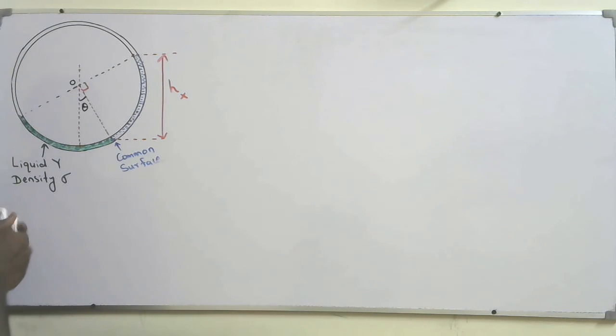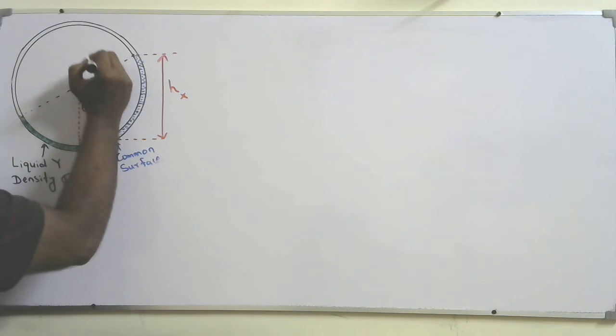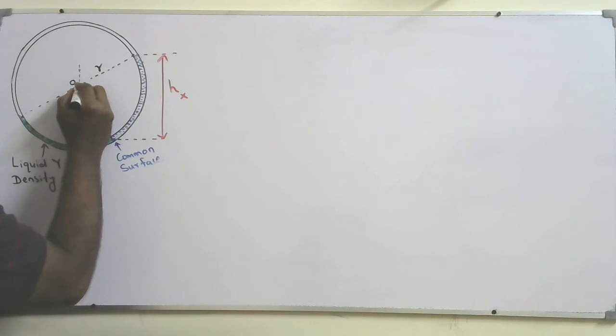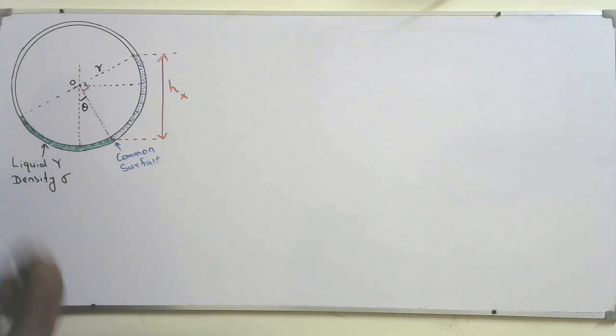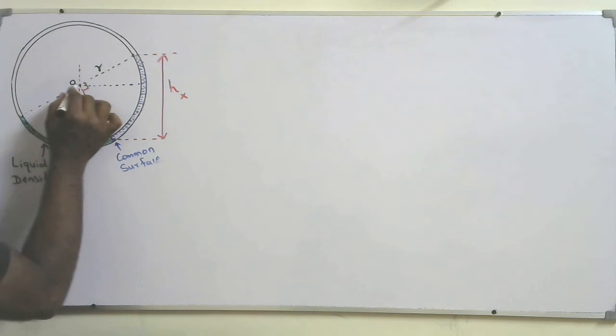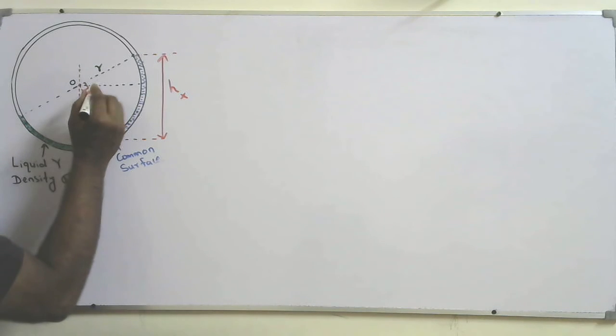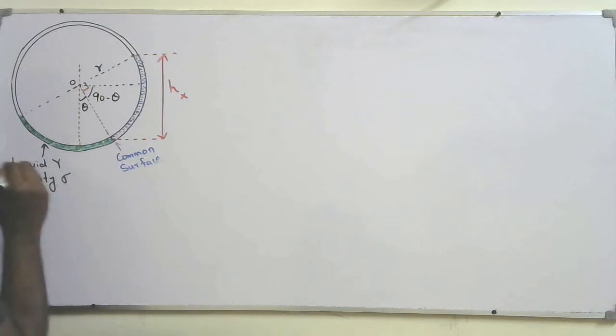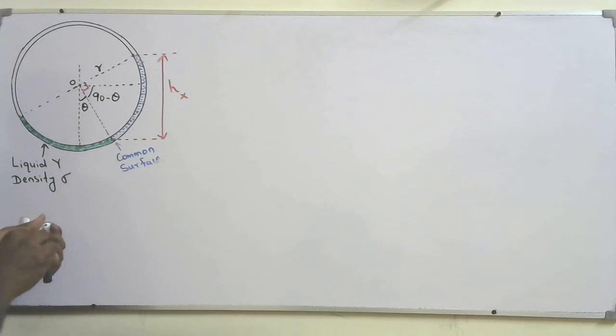I will take the radius of the tube as R. I'm going to make an adjustment. Here, I'm going to draw a horizontal line. This is the vertical line, this is the horizontal line. So this will be 90 degrees. This is theta, so this angle is 90 minus theta.